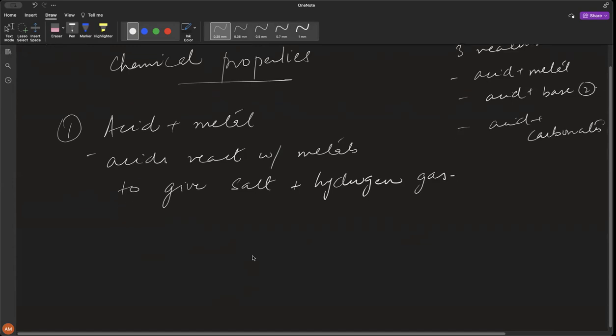The general equation is: metal, which is 90% of the time going to be a solid, and then an acid, which is always going to be aqueous. It's not an acid if it's not aqueous. The result is going to be a salt plus hydrogen, which is always going to be a gas. And this salt can be aqueous or solid depending upon its solubility. You understand?